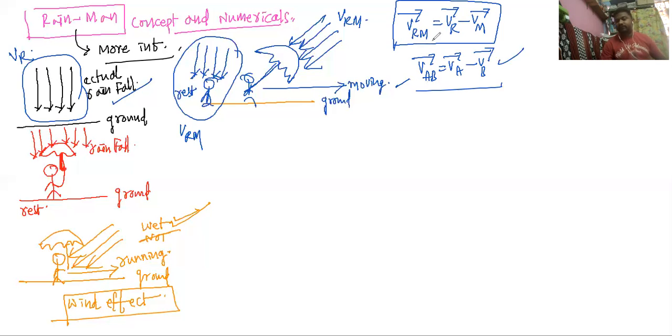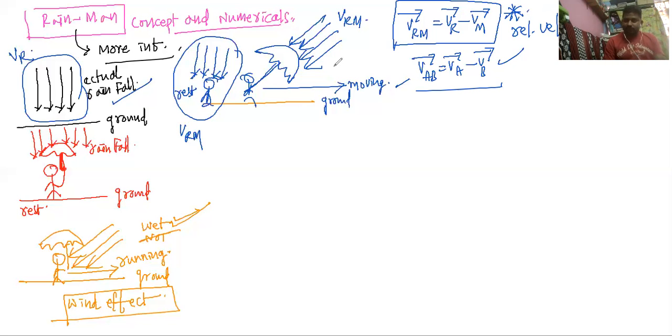Velocity of the rain with respect to the man equals V_R bar minus V_M bar. The complete concept of this river-rain-man situation will be based on this formula only.